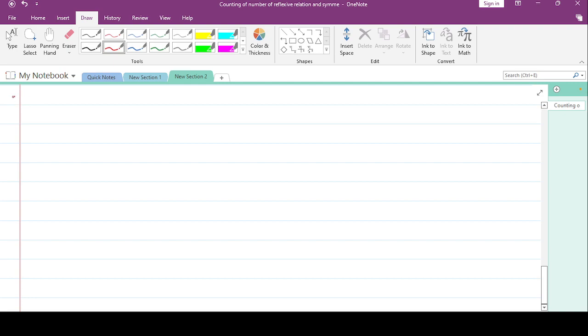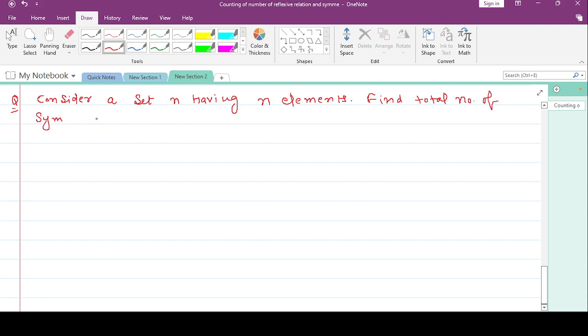So the question is: consider a set A having n elements. Find the total number of symmetric relations.